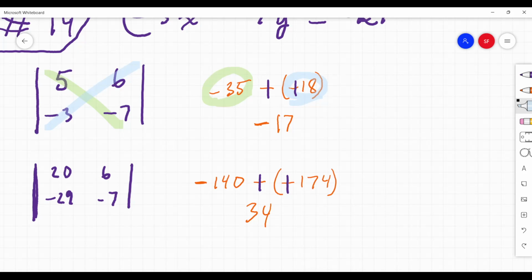So negative 35 minus negative 18. Oh. That's what I did. Yay, good. I got it right. I was just thinking. Okay. Good.